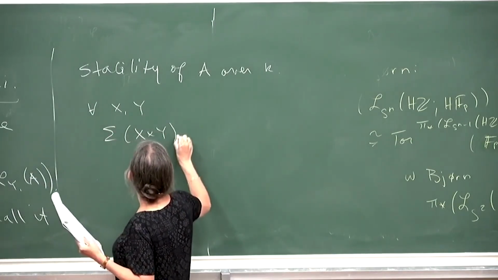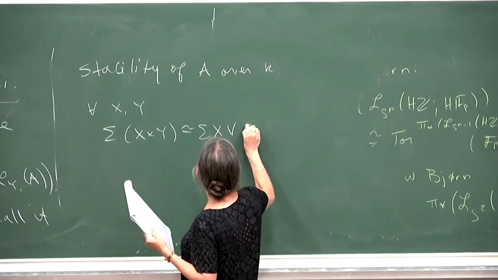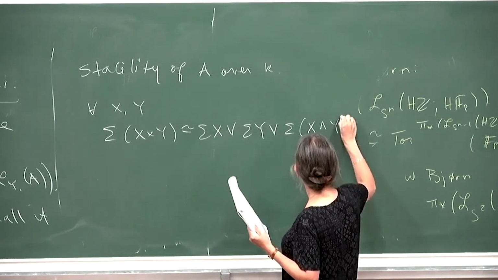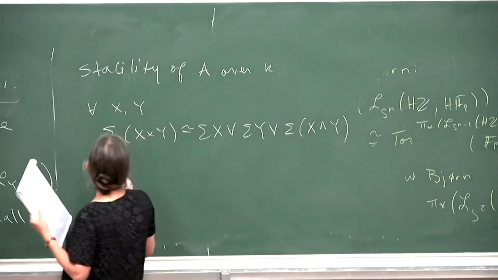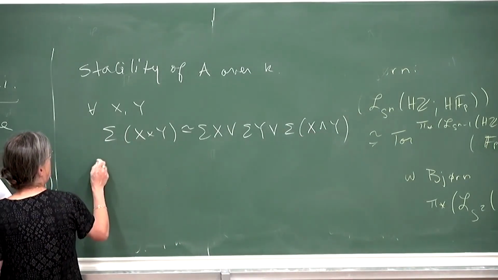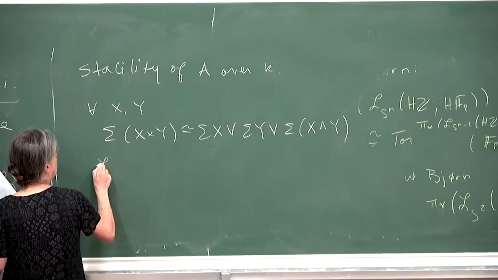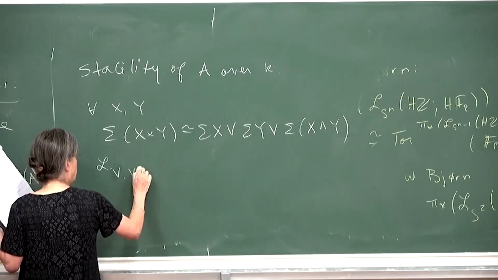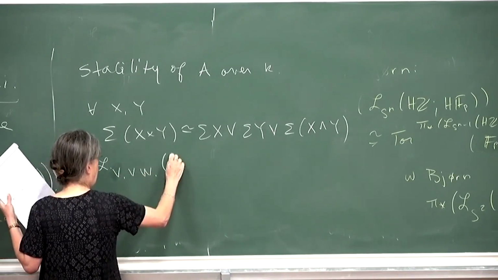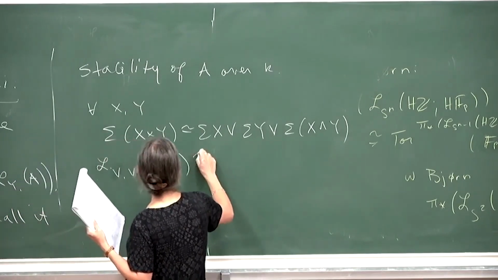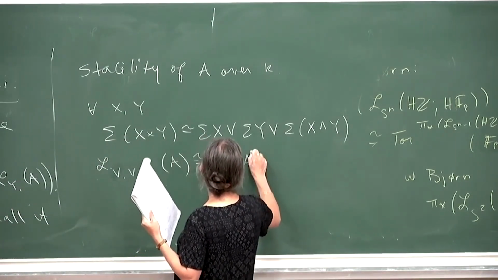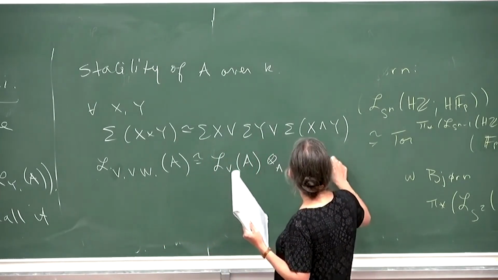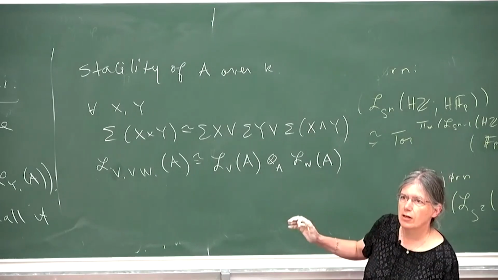And of course, for any X, Y, if I look at the suspension of X cross Y, that's equivalent to the suspension of X, the suspension of Y, and the suspension of X smash Y. And if I have L of V join W of A, that's just L_V A tensor over A L_W A. That was my formula of joining two spaces X and Y along Z in the beginning.